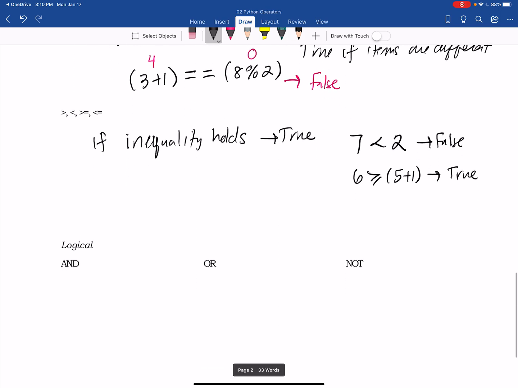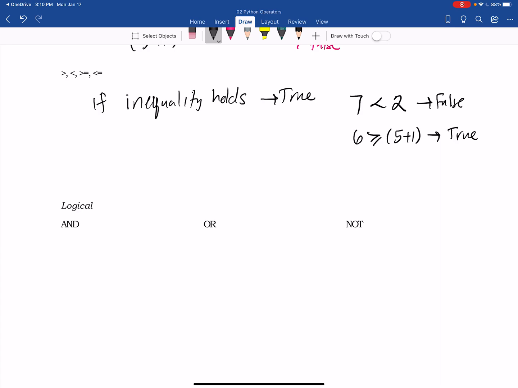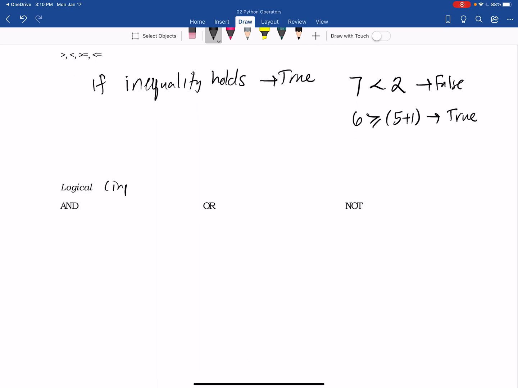The last operators are logical operators, and we're going to spend more time on these in coming weeks, but these are the three that you'll see most often. The inputs of these, the things you compare, are Boolean. And then it outputs a Boolean to you. So and is going to return a true when both inputs are true.